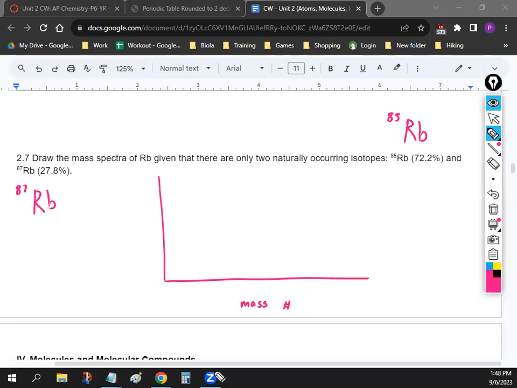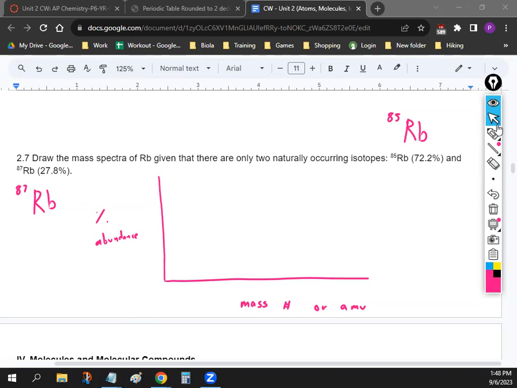The bottom is the mass number, or you can write AMU, whatever you're most comfortable with. And then the y-axis is going to be the percent abundance. So far, so good?